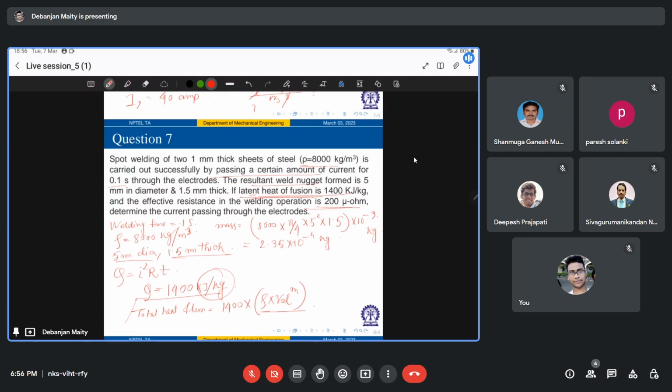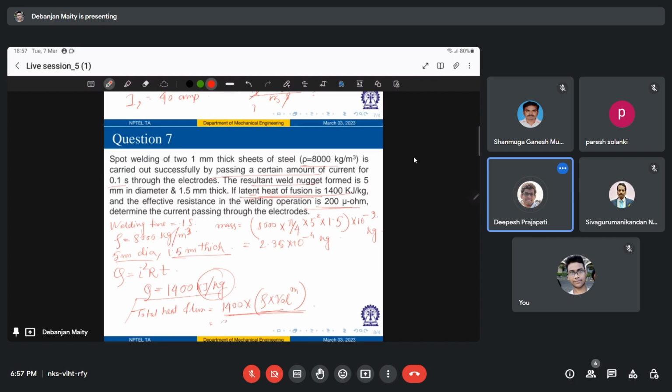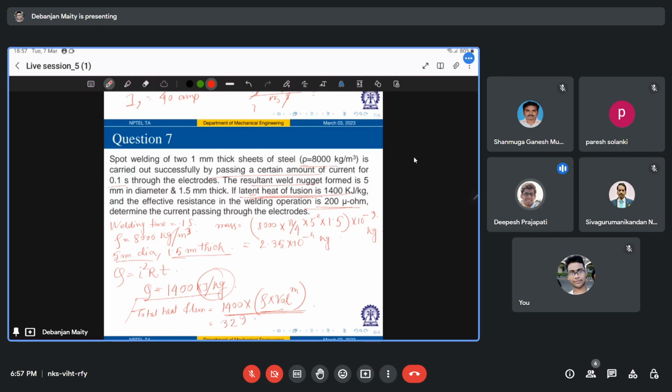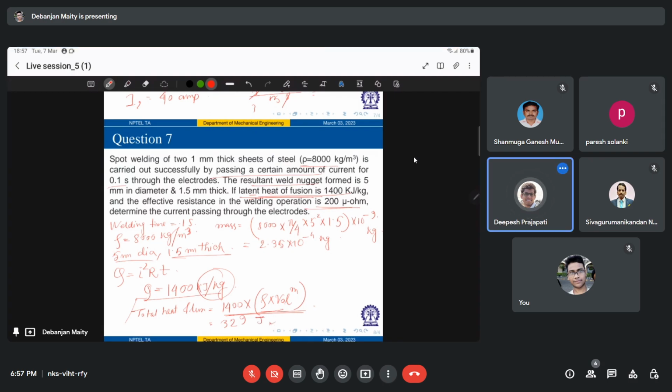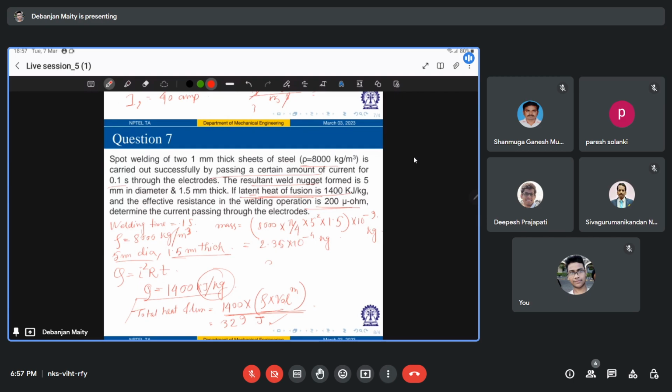And then what will be the total heat? How much will be the total heat? 329 joules. Yes, 329 joule. So you know the total heat is 329 joule. It's simply I square RT.